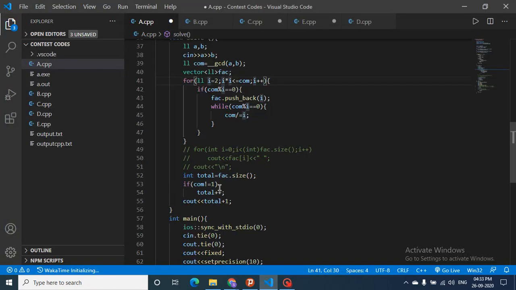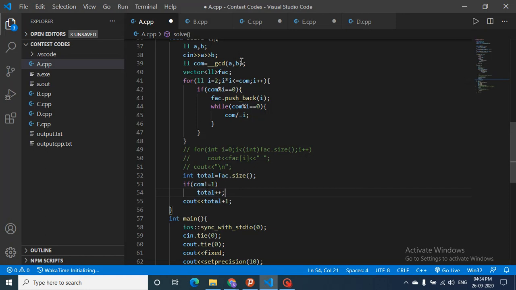If my number is not decremented till 1, then I have to also increment 1, which means that there is some more factor remaining in comp which I have not calculated earlier in this loop, but I have to add it also. So I can add it like this, plus plus, when my comp is not equal to 1.